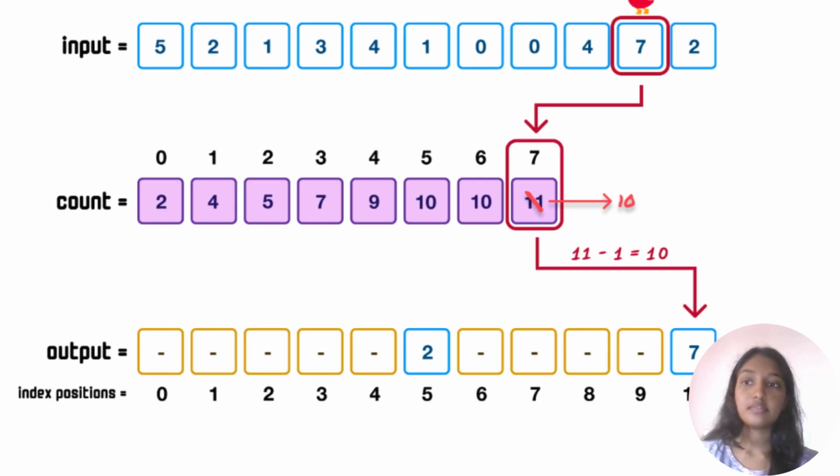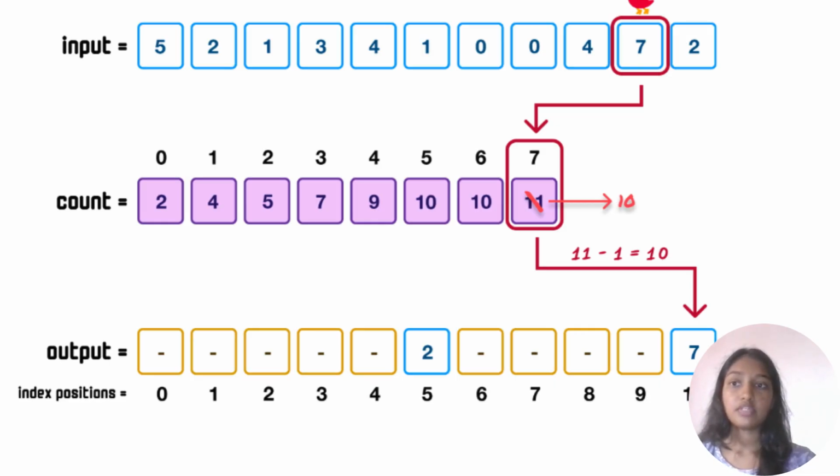We know that 7 has count value of 11, and this means its index position in our output array will be 1 less than that, which is 10. So we also decrement the value of 11 in our count array to 10 to account for any future instances of 7, if any, finding a location.